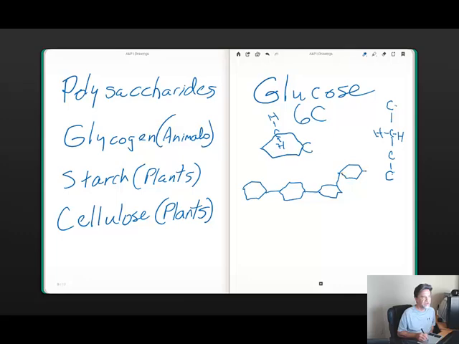And so you'll have several of these coming off. And so what this means is that when we break this molecule down, the molecules that are breaking it down are only going to attack at the ends of these chains.